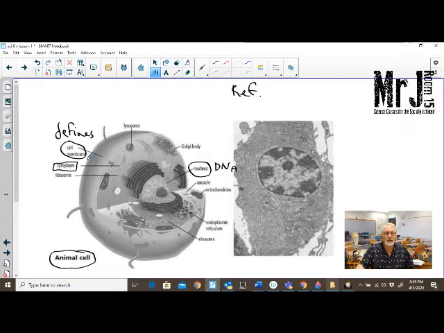Now, we talked about the cell membrane. You might think of it as like a balloon or something. It's really much more complicated. We're going to talk about the cell membrane really as being like the border. We have a border between Canada and the United States. You can't just willy-nilly go walking into the United States. You have to go through a border crossing.